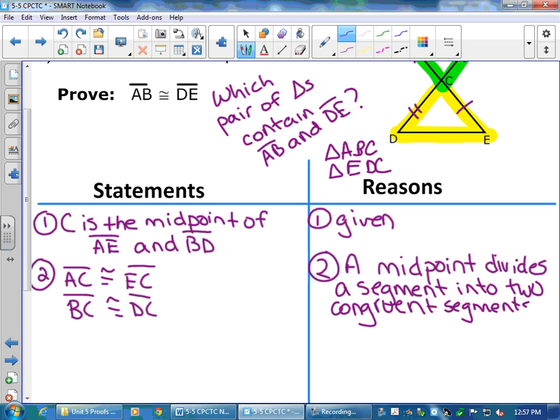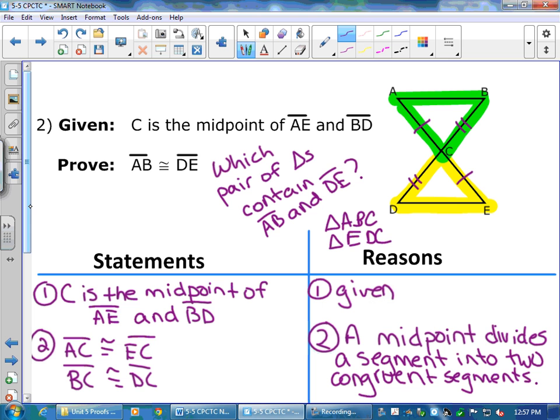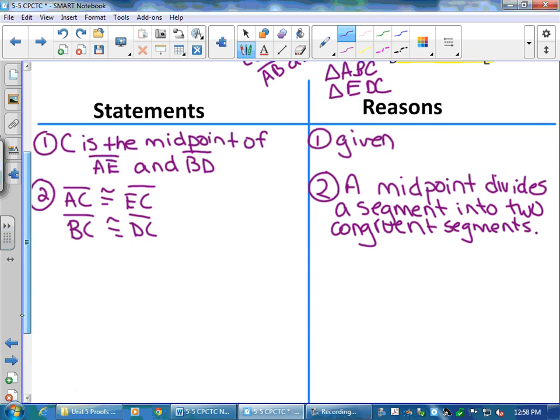That gave us two sides. We still need one more thing. We look for reflexive or vertical angles when we're out of givens. Well, in this case, we have vertical angles. I'm going to call them 1 and 2. We're going to say angle 1 is congruent to angle 2.